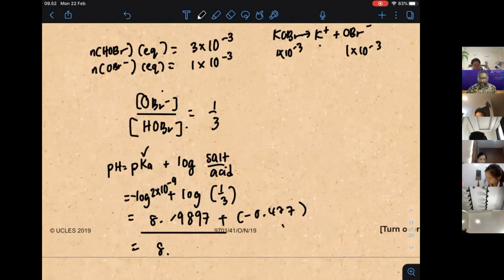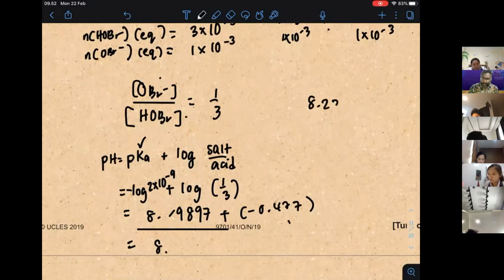Can you check whether you get 8.22? I'm not getting the 8.22.